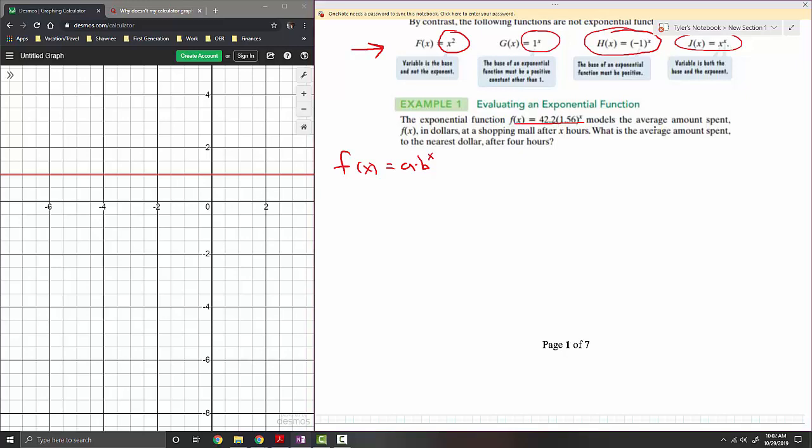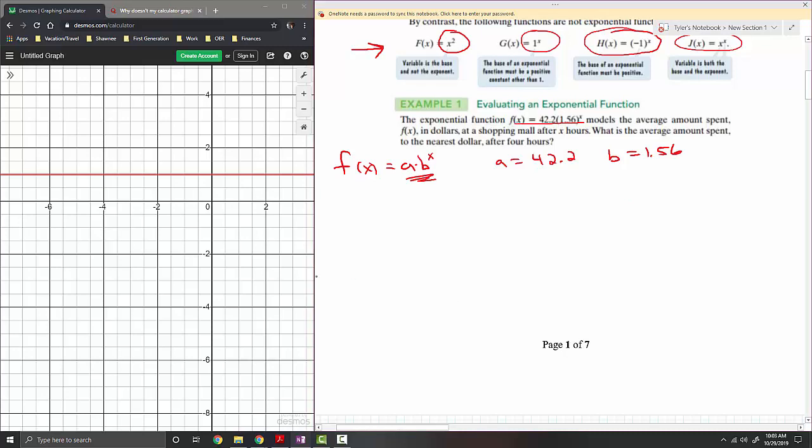So this is a function modeling this phenomenon for us that we can use to estimate some values and understand what's going on with the trend, right? So in this case, a is 42.2 and b is 1.56, right? So those are what those values are in terms of this form.